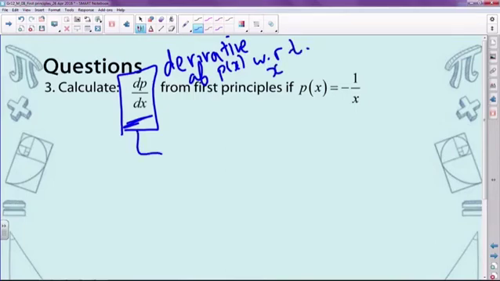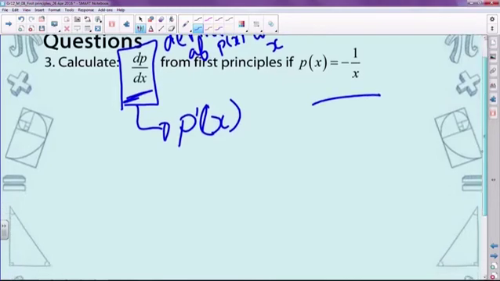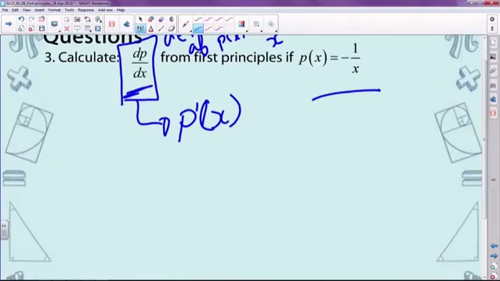Another way we could have said this was to find p prime of x, the derivative of your function p. They said use first principles, so we know we need to use the formula we have by definition, and they've given you p of x as minus 1 over x, which would be a hyperbola. So let's go through the mechanics of this.